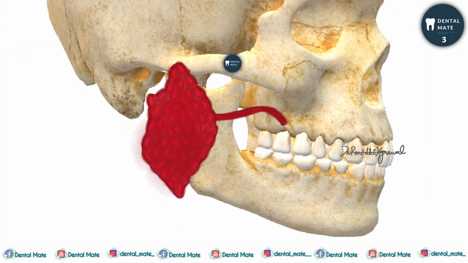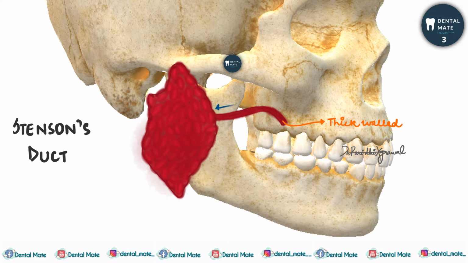Now we have Stenson's duct. How is this Stenson's duct seen? This is the main excretory duct of the parotid gland, also known as the parotid duct. It is thick walled and about 5 centimeters long.